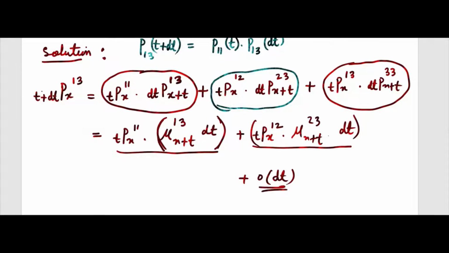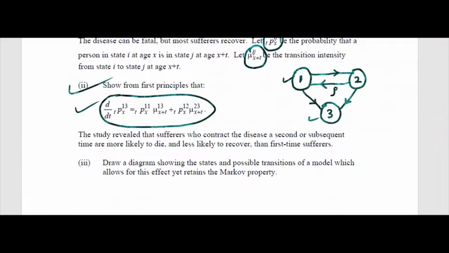And the last term is p xt 1 3. Now how about this? This is not the transition intensity, this is the probability. So the probability from 3 to 3 is 100%. It's 1. P 33 is 1, mu 33 is 0.